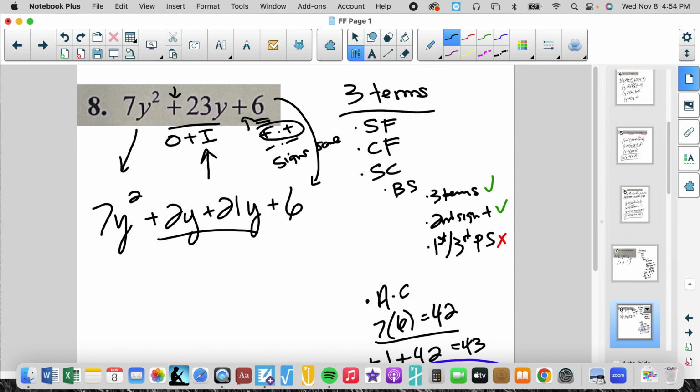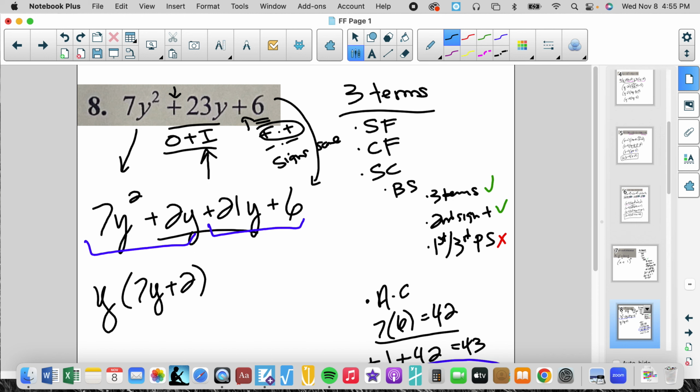So it's not like I changed it. I just broke that middle term into its outside and insides. That's all I did. Now we're going to factor by grouping. We're going to group the first two and the last two, and we're going to look for a common factor. The only common factor in the first two is y, so we get 7y plus 2.